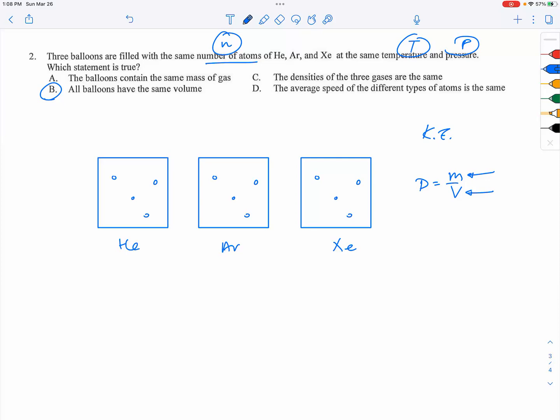Correct. Right. It's just like I separate 4 of us into 2 rooms. How crowded the room will be is the same. But the density will be different because the masses of you 2 will be different from the masses of us 2.